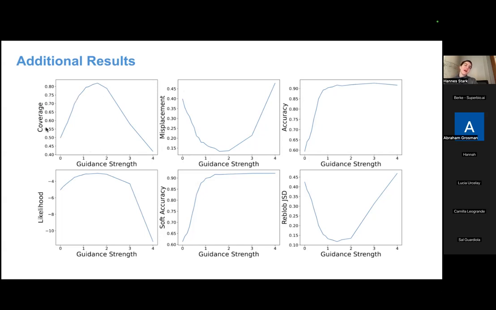Let's look at the coverage metric here, which just means what fraction of the volume of the ellipsoid is covered by generated protein matter. And we see that if we have no guidance, then this is worse than if we have some guidance.